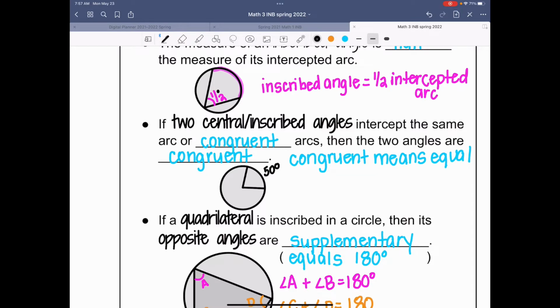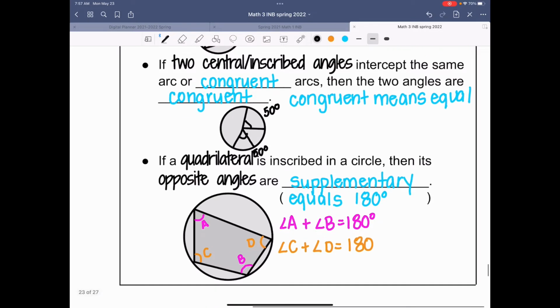And then I also tell you that I have another central angle, and I tell you that that one's arc is 50 degrees. That means these two angles are congruent. So as long as their arcs are the same measurement or their angles are the same measurement, then the arcs are equal or the angles are equal.